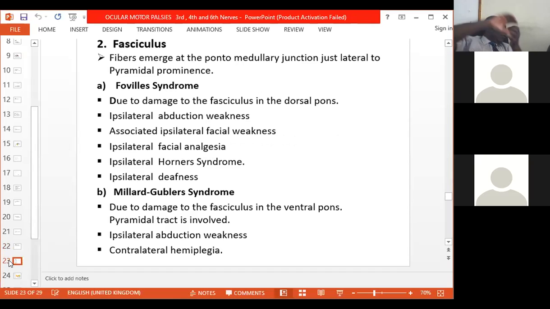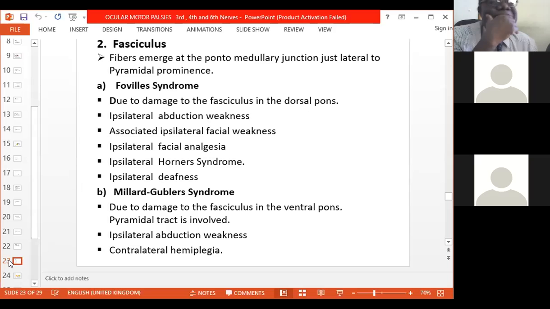Fasciculus, these are the bundles. You remember that she was asking about those bundles like in a pipe. They refer to that as fasciculus. Fibers emerge at the pontomedullary junction just lateral to the pyramidal prominence. Foville's syndrome is due to damage to the fasciculus in the dorsal pons: ipsilateral abduction weakness, associated ipsilateral facial weakness, ipsilateral facial analgesia, ipsilateral Horner's syndrome, ipsilateral deafness.